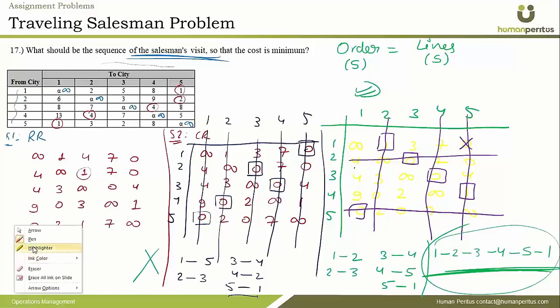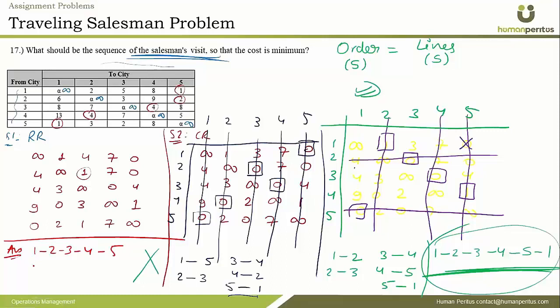Let me first calculate this cost, and then we will end the class. Okay, so my answer would be written here, which is 1, 2, 3, 4, 5. So 1 is going to 2. From 2 it is going to 3. From 3 it is going to 4. From 4 it is going to 5. From 5 it is going to 1.